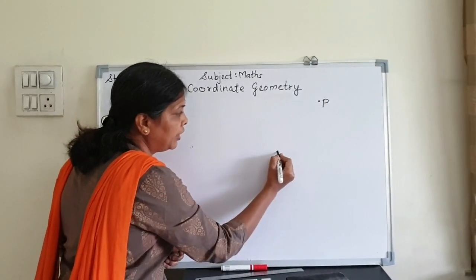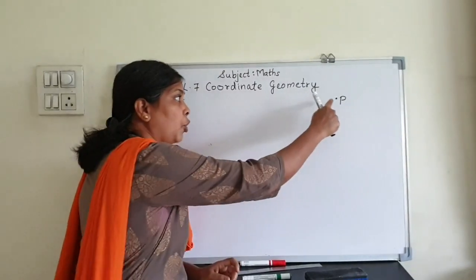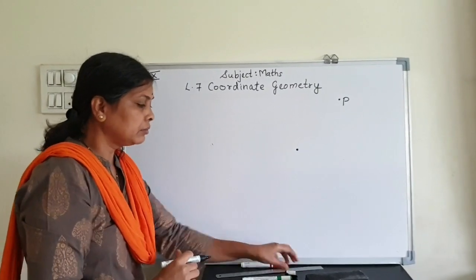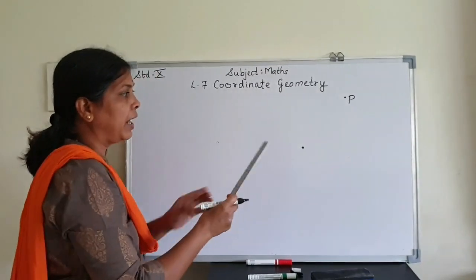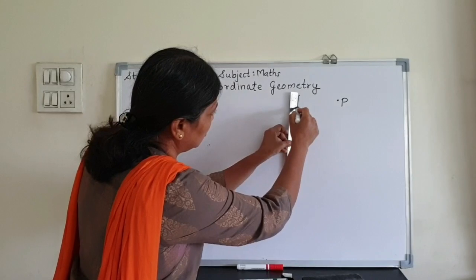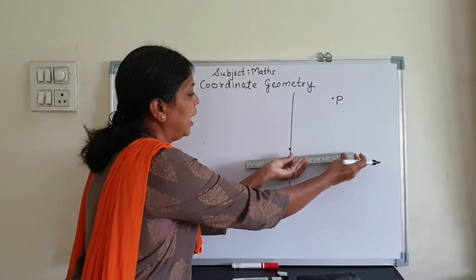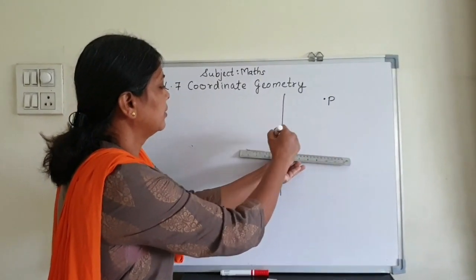Say here it could be a fixed point, and we are locating this point P in relation to this fixed point by drawing vertical lines and horizontal lines.